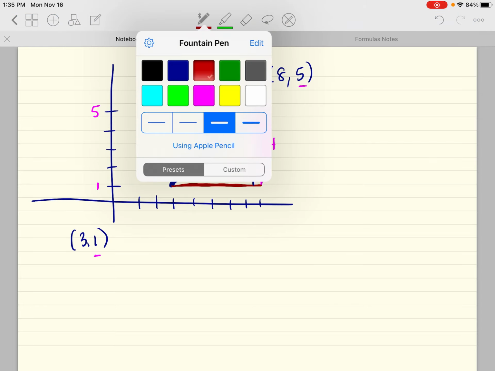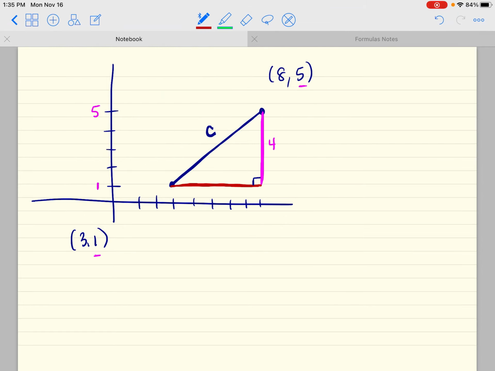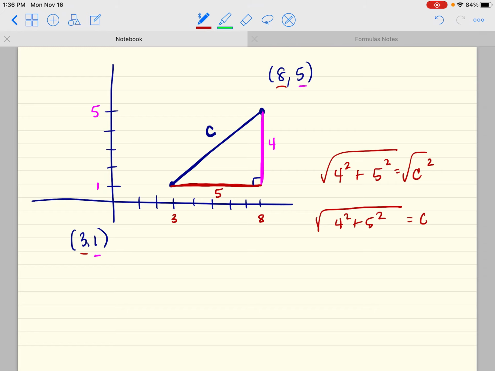And then horizontally, we're going from an x value of 3 to an x value of 8, that's 5 units. And so 4 squared plus 5 squared would have to equal c squared, right? If I wanted to solve for c, I would take the square root of both sides. So the square root of 4 squared plus 5 squared is going to get me that answer.